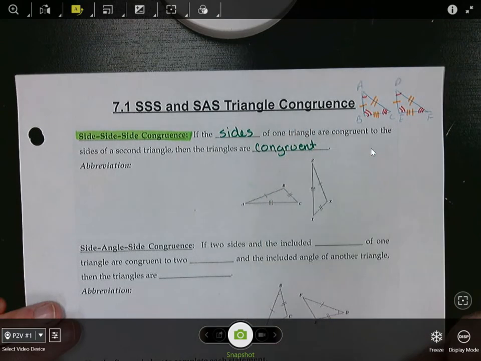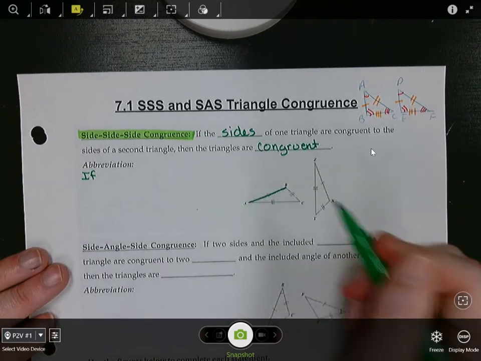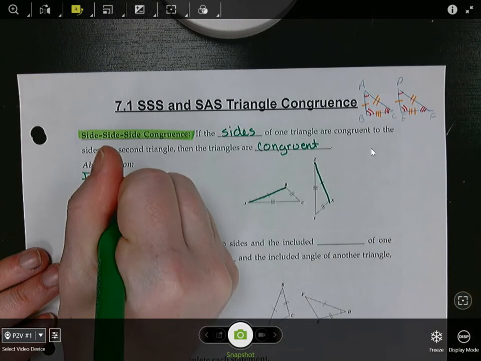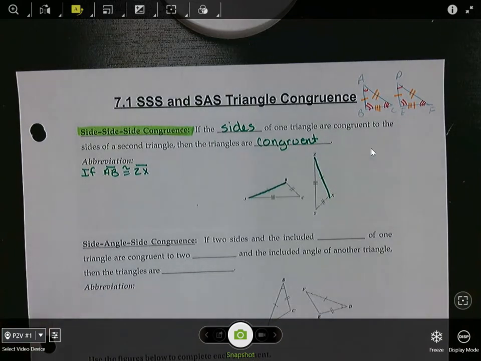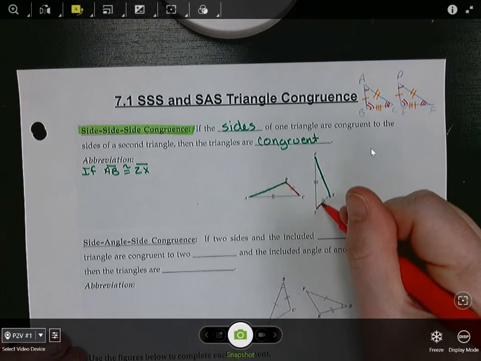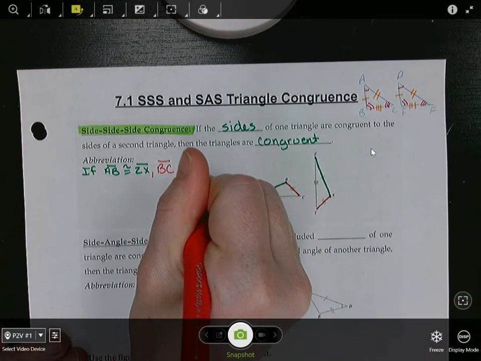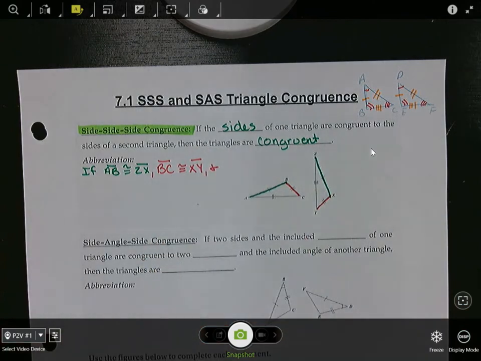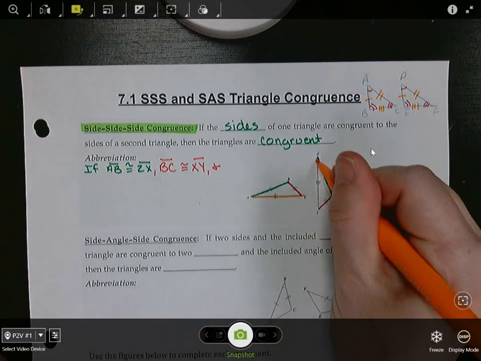Okay, so what that means is if segment AB, see how it's marked congruent to segment ZX? So segment AB is congruent to segment ZX. And then also BC is marked congruent to XY. And AC is marked congruent to ZY.